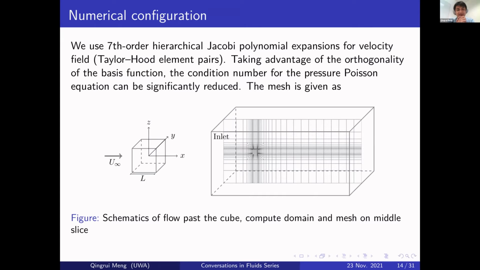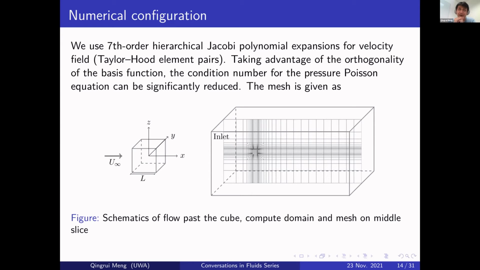For the numerical simulation, we employ a seventh order hierarchical Jacobi polynomial expansion for the velocity field, and to solve the saddle point problem, we configure the eigenpair in the Taylor-Hood basis. That means the pressure expansion is sixth order. This Jacobi polynomial is also orthogonal, and taking advantage of this orthogonality, we can reduce the condition number heavily for the pressure Poisson equation.